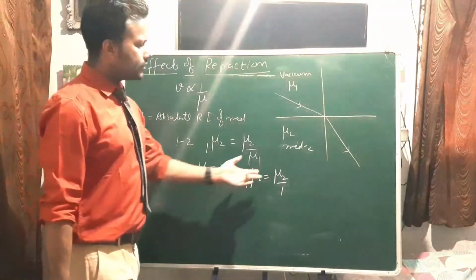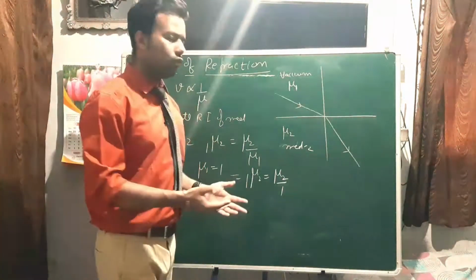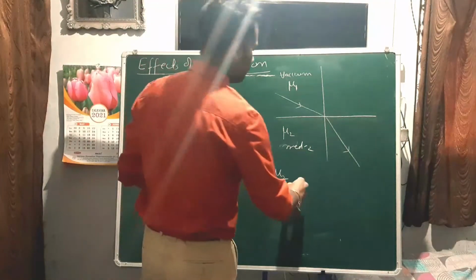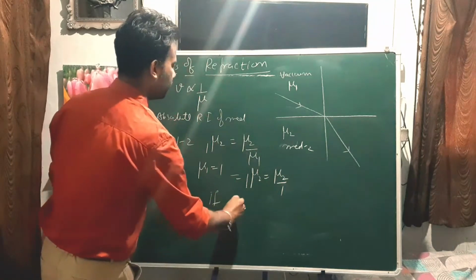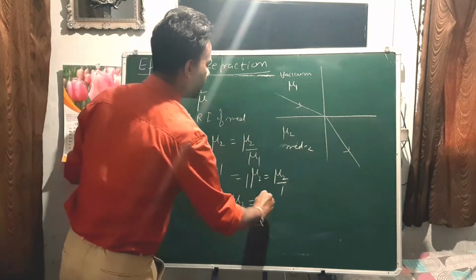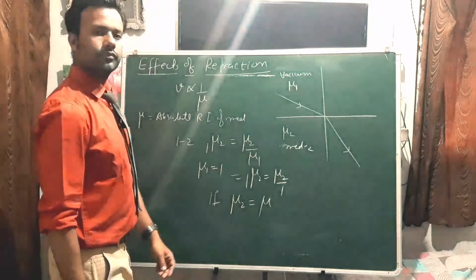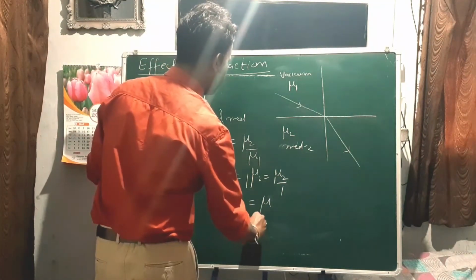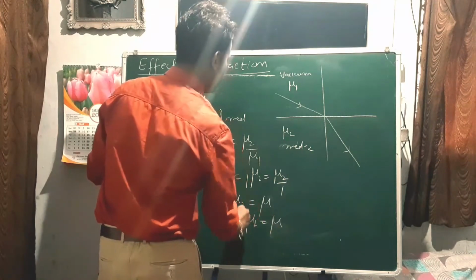Now can we write this mu 2 as only mu, because now we don't have two different mu's, we have only a single mu, that is mu 2. If mu 2 is written as mu, then this expression will become 1 mu 2 will be equal to mu.